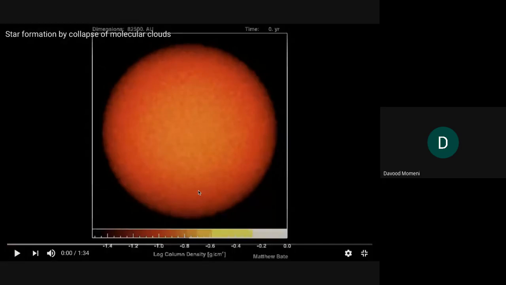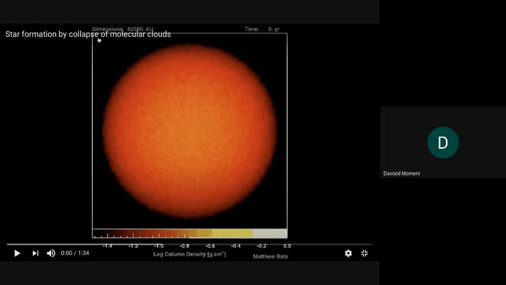So let's start it. We are starting from when we have just a cloud of cold particles. So now our time is 0. I mean, we are at the beginning.